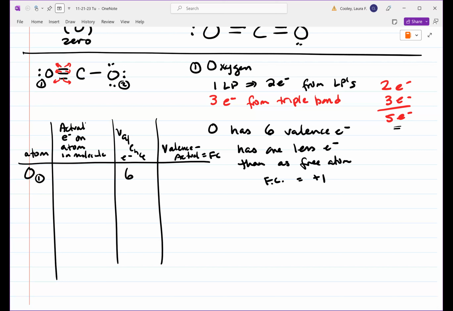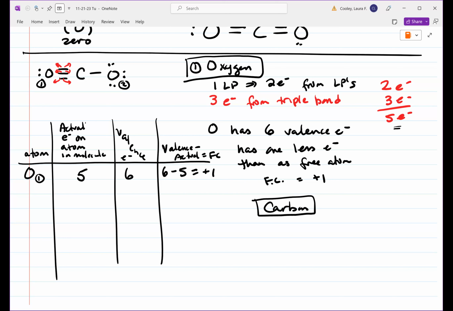Okay, so the actual electrons on the atom in the molecule we did as 5. We have 5 electrons to put in there. And then this is 6 minus 5, or plus 1. Okay. Now that's oxygen number 1. Now let's do the carbon.